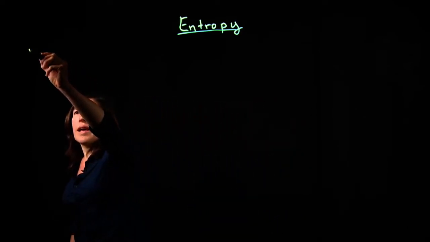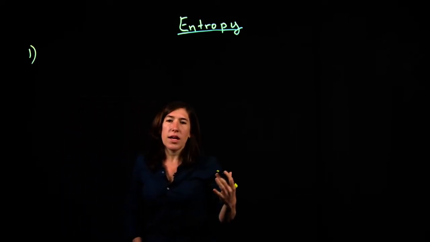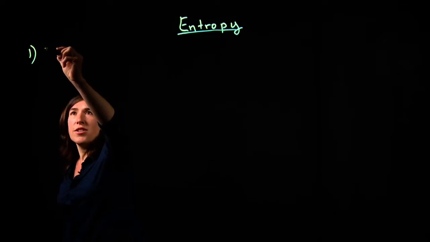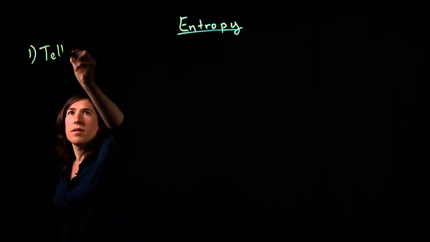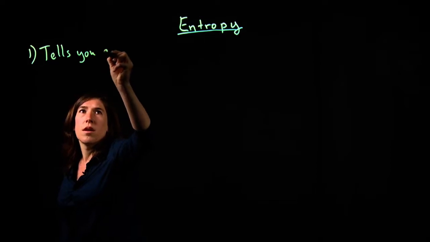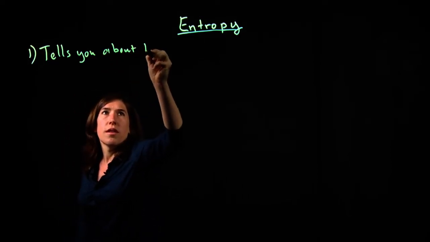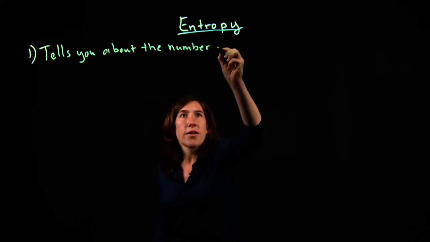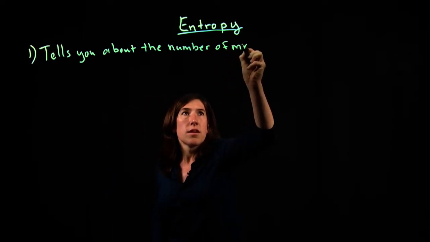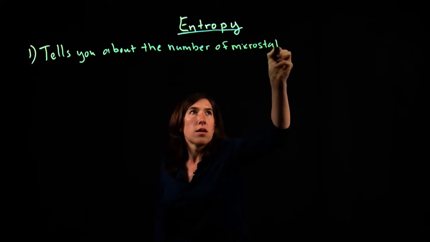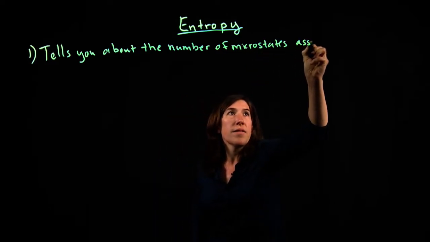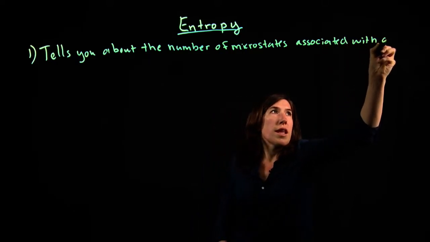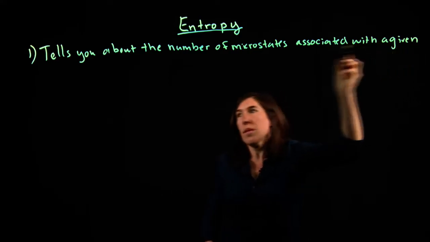So one of the ways is thinking about it in terms of microstates and macrostates. So the first way is entropy tells you about the number of microstates associated with a given macrostate.